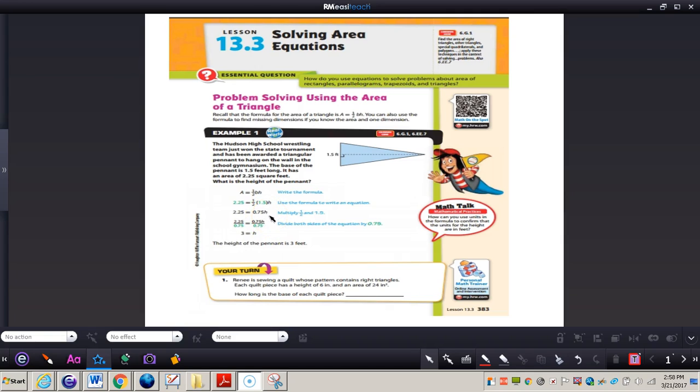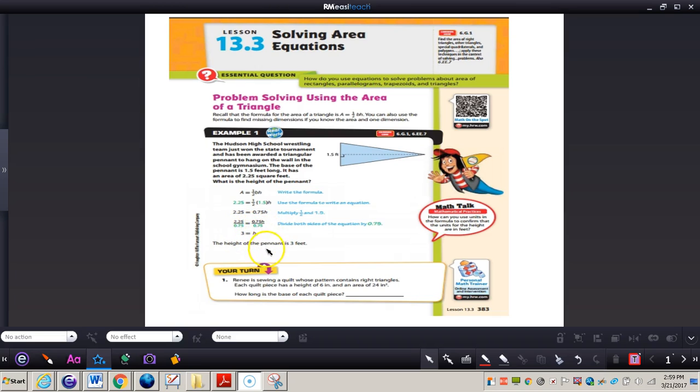We don't know that yet. So just like algebraic equations, since this is multiplication, 7,500 times h, we're going to divide 7,500 on both sides of the equation. So 7,500 divided by 7,500, you can see that cancels it out. 2,250 divided by 7,500 equals 3.